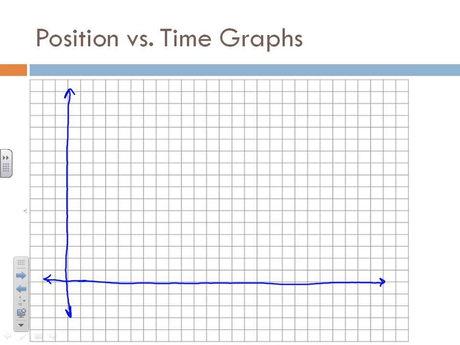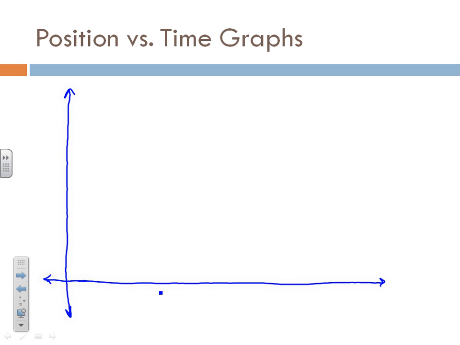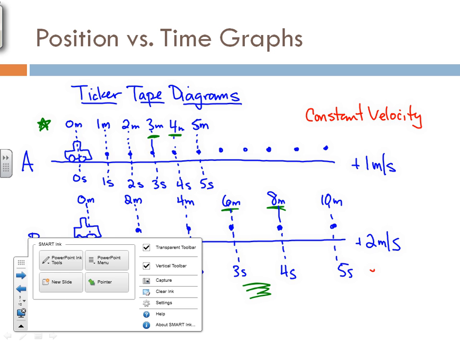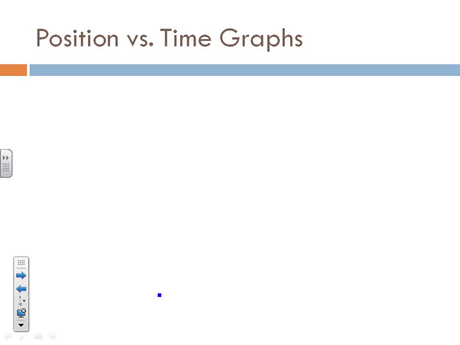Well, let's look at a situation where it would be accelerating. So what does a ticker tape diagram look like for an accelerating object? We know that when it first starts off, it's going to be going slower.